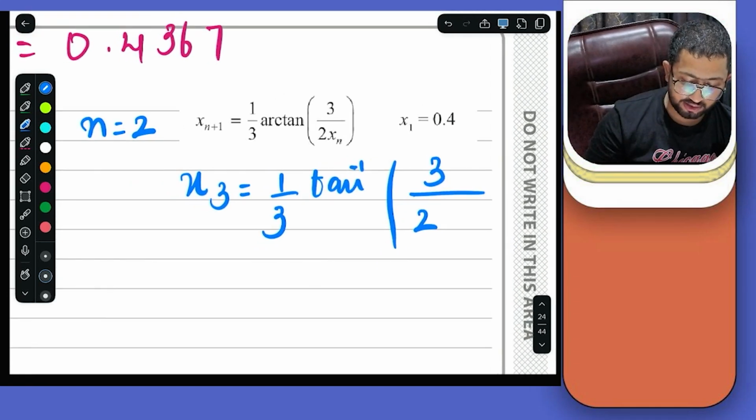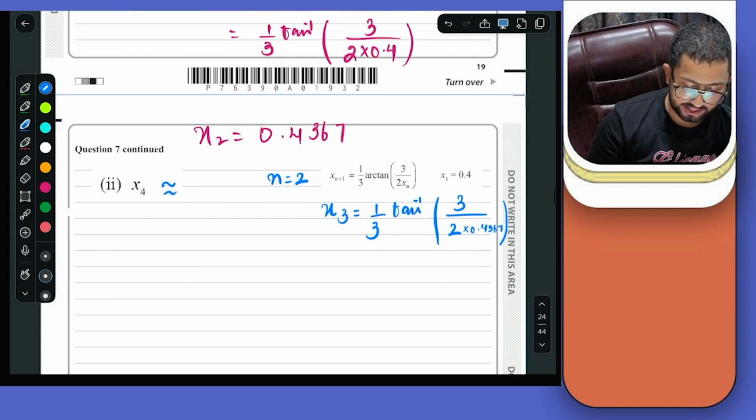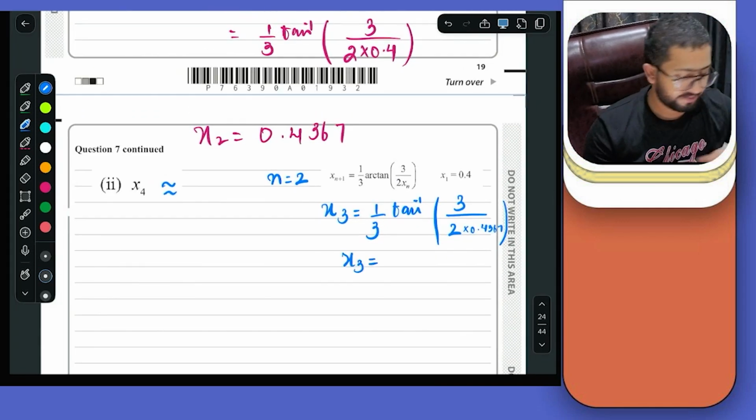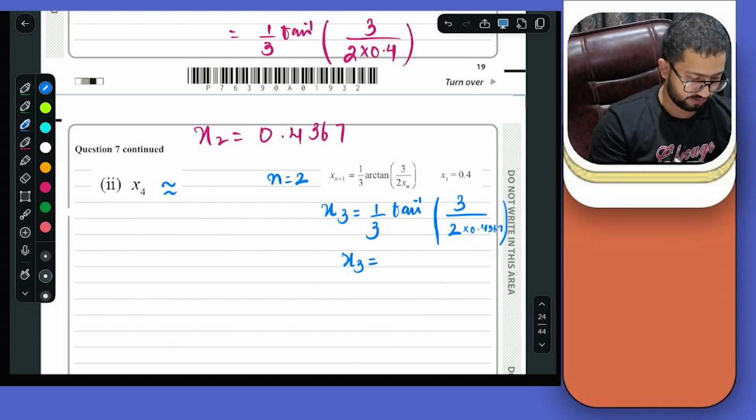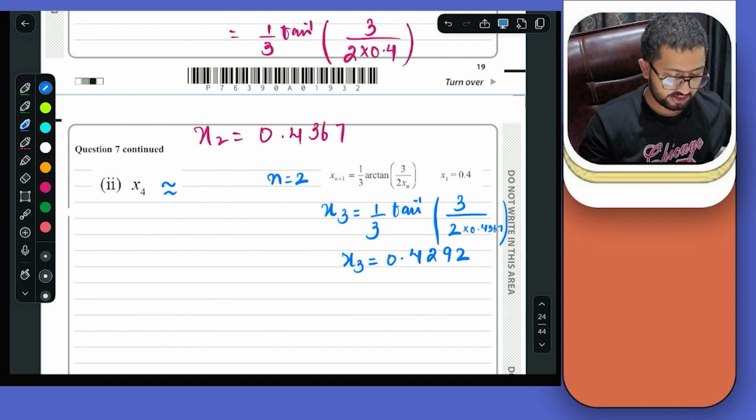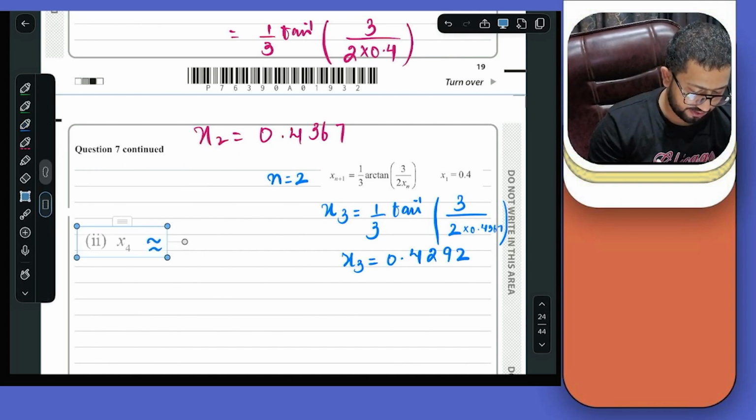What is the value of x2? 0.4367. If you want to find x4, obviously first you need to find x3. You don't need to show working, just write the final answer. I just want to show how it works. So x3 is 0.4292.